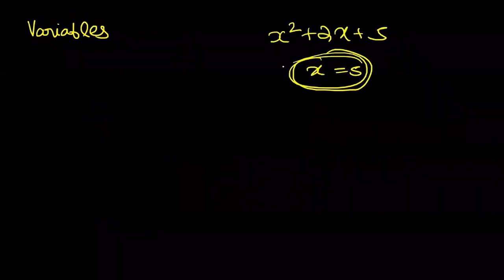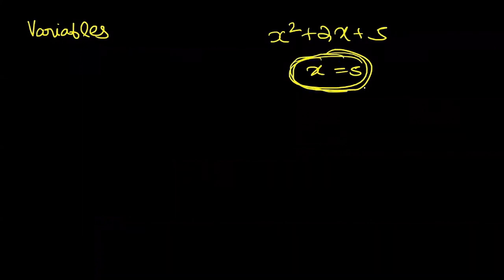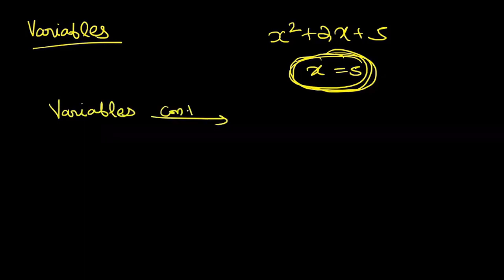So in mathematics, you have expressions like these, and somebody says x is equal to 5. It means that whenever you see x, plug in the value 5. So x is nothing but a variable, and x is holding the value 5. Variables are a very, very important part of your program because variables contain data.